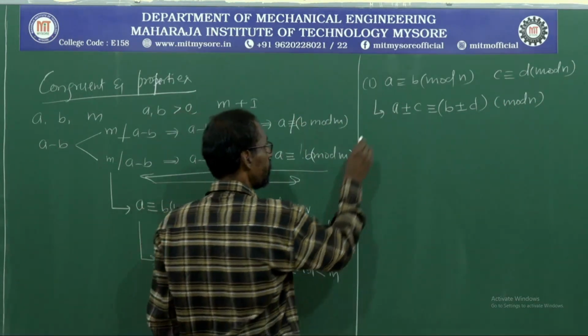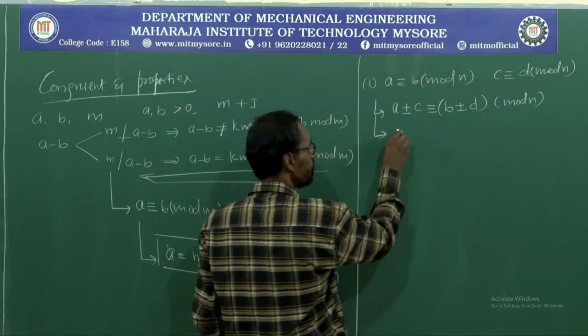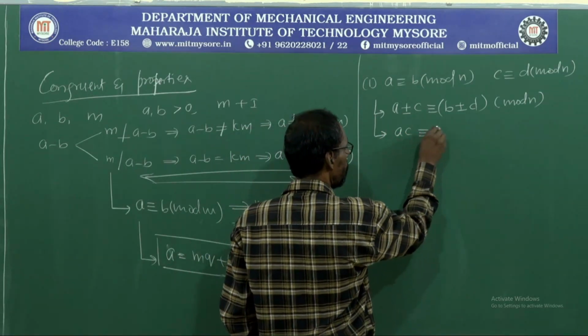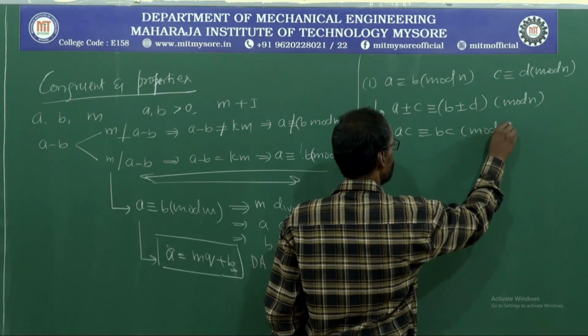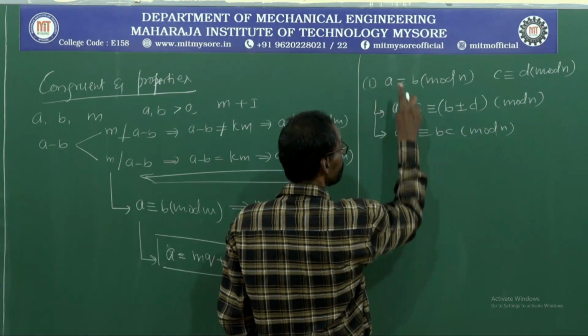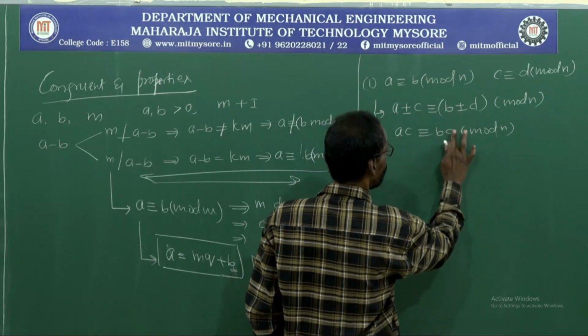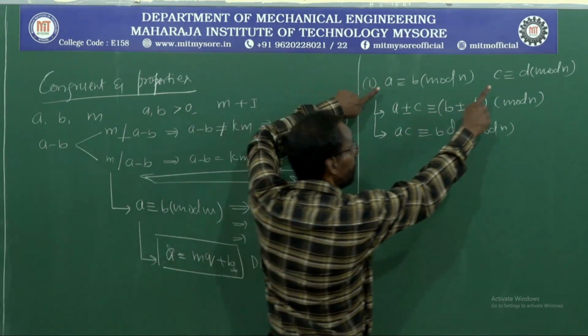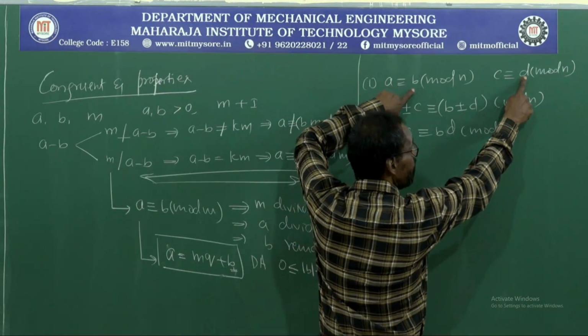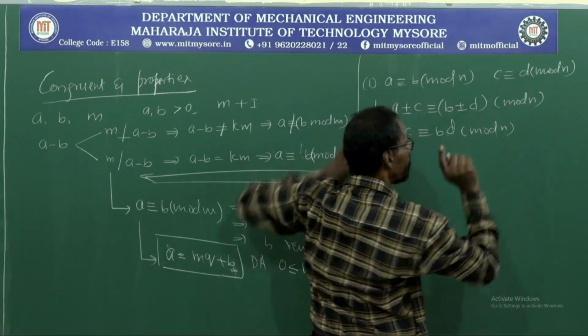One more basic property: ac is congruent to bd mod n. That is, I can multiply a with c, then multiply b with d, and I get the modulo class n.